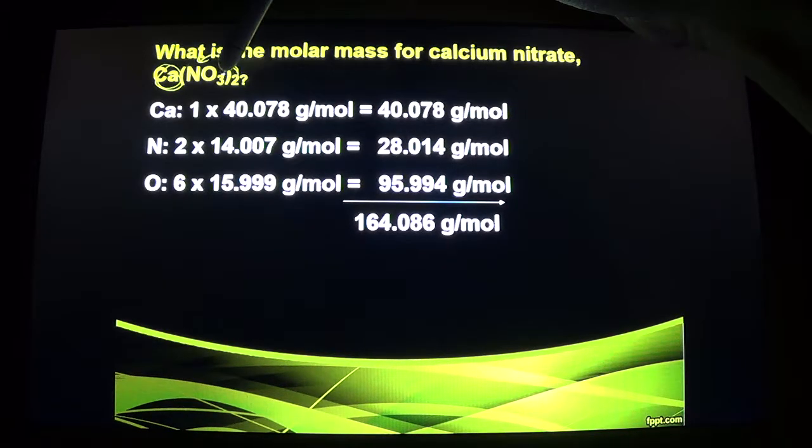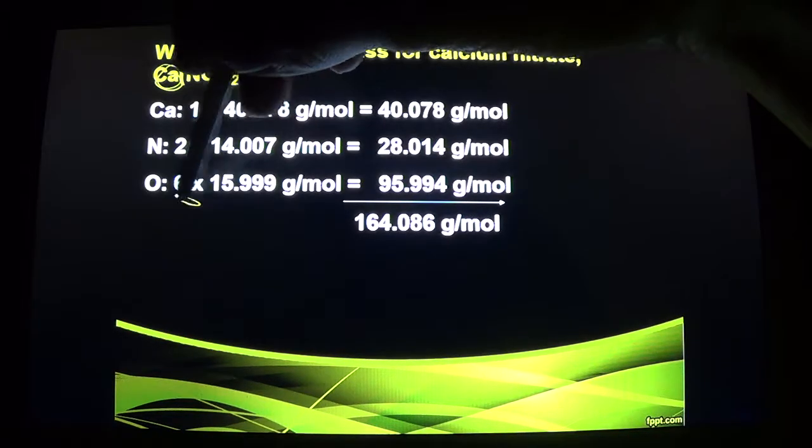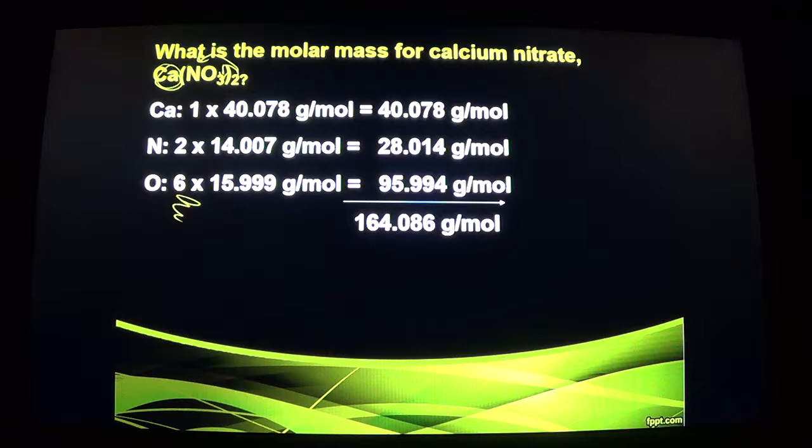And the 2 also goes to the oxygen, which I already have 3. So 2 times 3 is a total of 6 oxygens. So when you have a compound with parentheses, the number outside the parentheses gets distributed to everything inside.